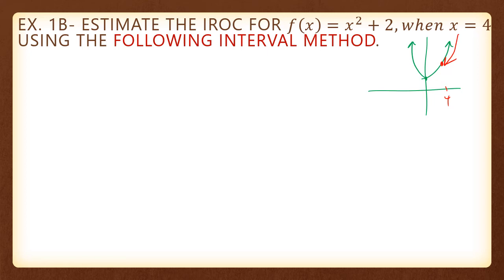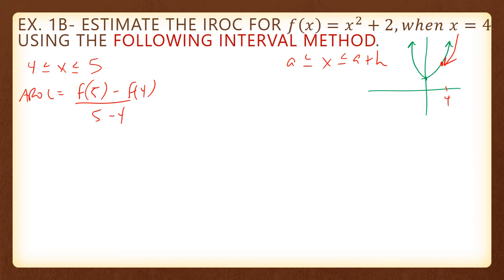So we're doing something where a is less than or equal to x is less than or equal to a plus h. So 4 plus some small little number, h. Just like last time, we'll stick with the difference being 1 for our first interval, so between 4 and 5. IROC equals f of 5 minus f of 4 all over 5 minus 4. You do all the work on your calculator, you should get 9.